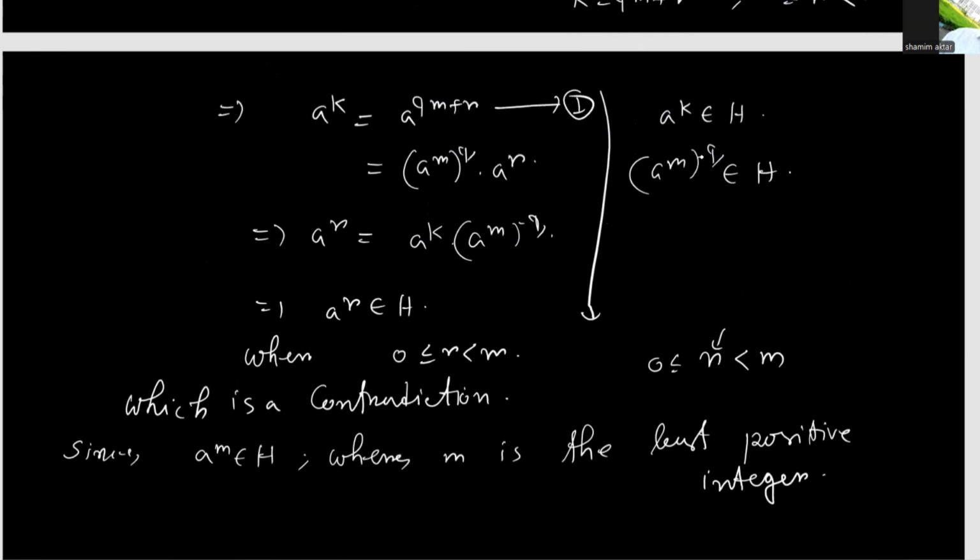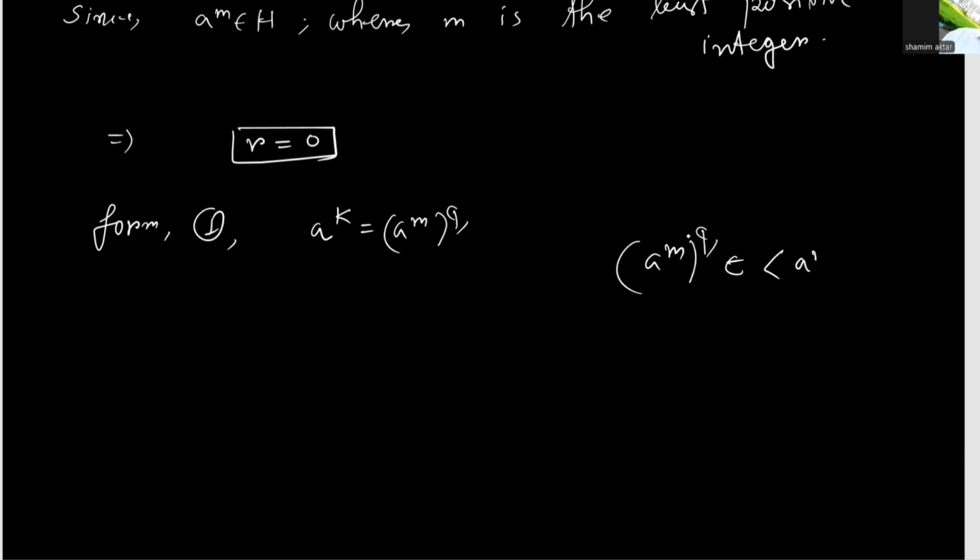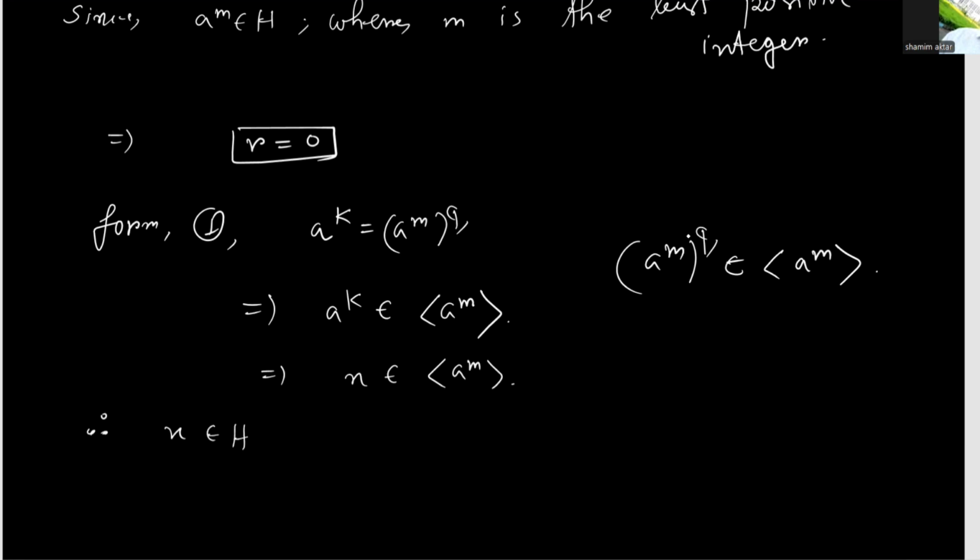Suppose this is equation number 1. So from equation 1, A to the power k equals A to the power m to the power q, and A to the power m to the power q belongs to the generator of A to the power m.